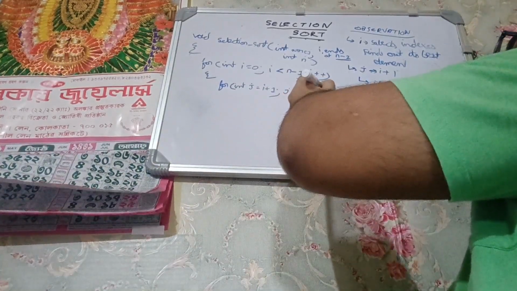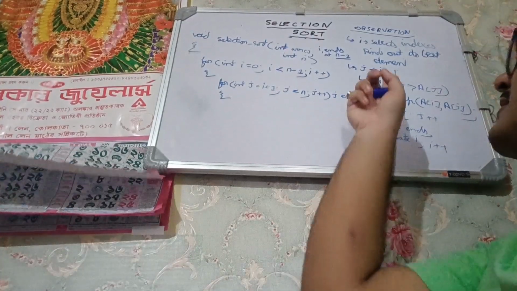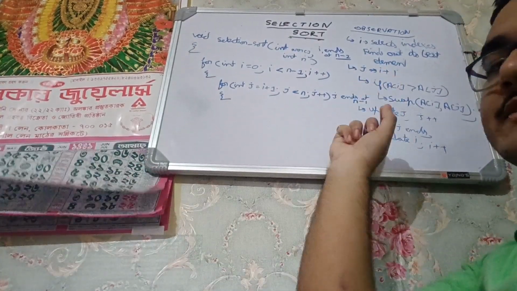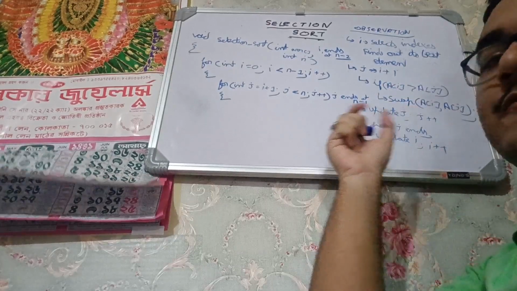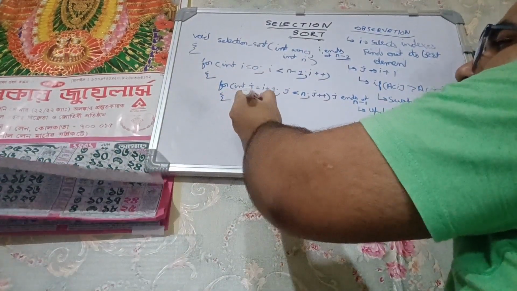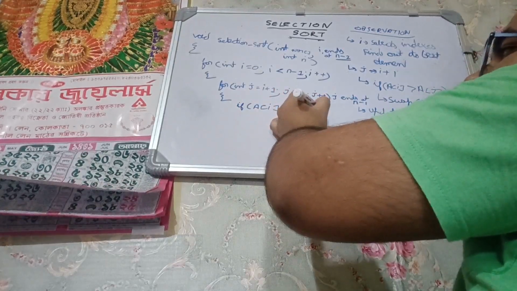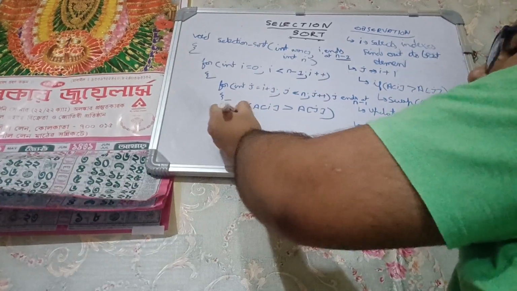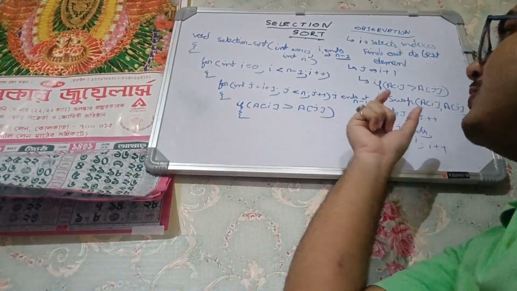opening brace. What is our third observation in this case? Whenever our a of I was greater than a of j, write it as it is. If a of I is greater than a of j, then what are we going to do?